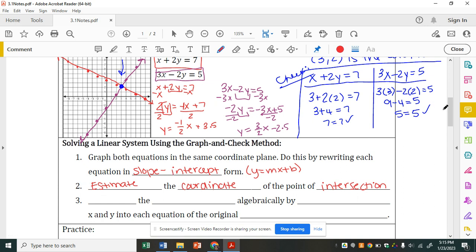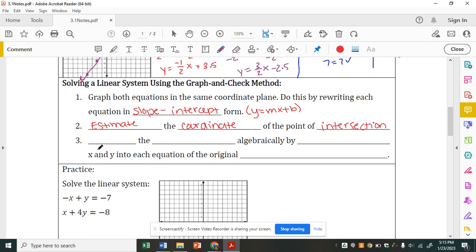And once we have that point of intersection between the lines, then we're going to check that coordinate or check the solution algebraically, which is what I did over here in blue, right? That's where I substituted the x and the y values into each of the equations in the original linear system.